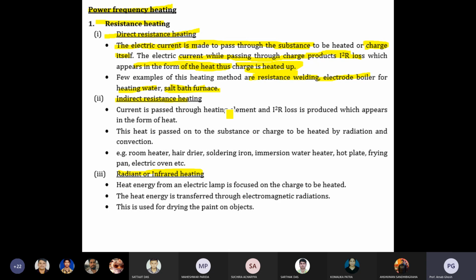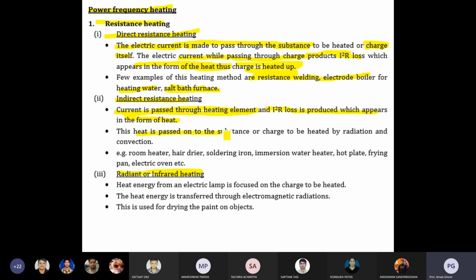Indirect heating, what happens? The charge is not directly carrying the current, and is not directly involved with the high current. The current is passing through the heating element. The I squared R loss produced will appear in the form of heat.